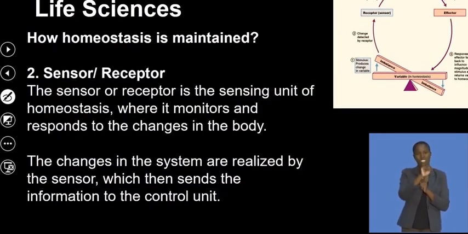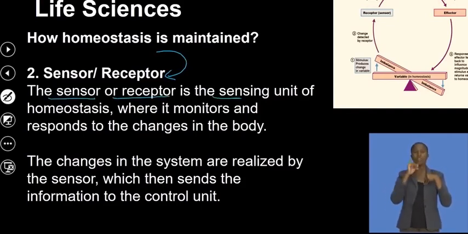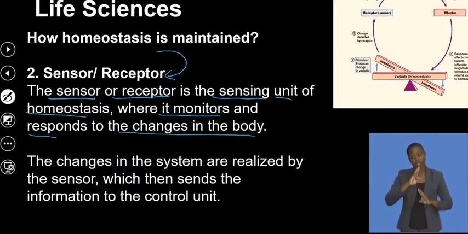This follows a stimulus being received by what we call receptors. A sensor or a receptor identifies a change, monitors it, and responds to the change in the body.